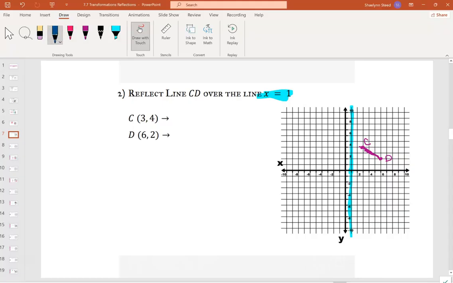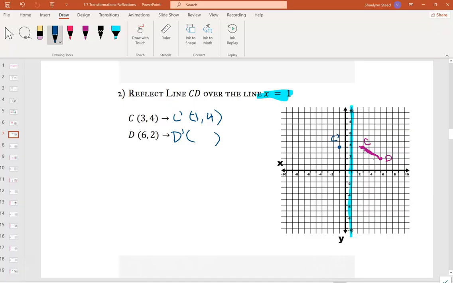Now if you notice, we have to count how far everything is from the blue line. So C is 2 away from the blue line, so we're going to go 2 away from the blue line in the opposite direction. So C prime is now at -1, 4. So the y value didn't change here, but our x value did. So here, our D is 1, 2, 3, 4, 5 away.